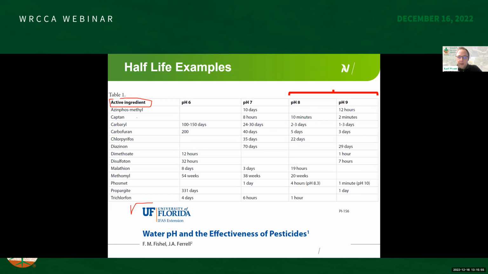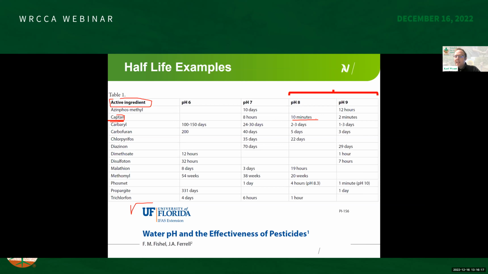So I'll show you an example here for Captan, a popular fungicide. If you put that fungicide in a tank mix that's a pH of 8, you will reduce the strength by half every 10 minutes. So you let an hour go by, you know how much active ingredient is left to do the work. If it's a really high pH like 9, it's every 2 minutes.